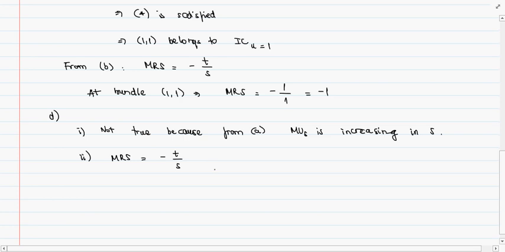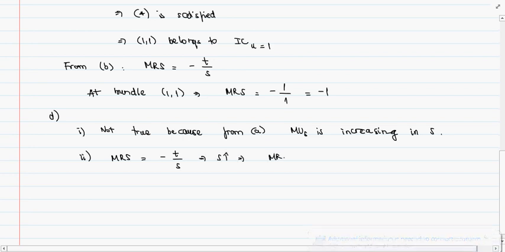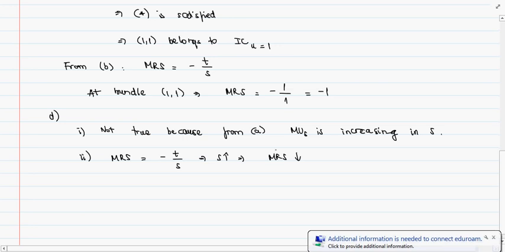But when we're talking about increasing or decreasing, we are talking about the absolute value. We do not worry about a negative sign, we're talking about the value only. As you can see, when S is increasing, the marginal rate of substitution is decreasing, and we're talking about the absolute value.